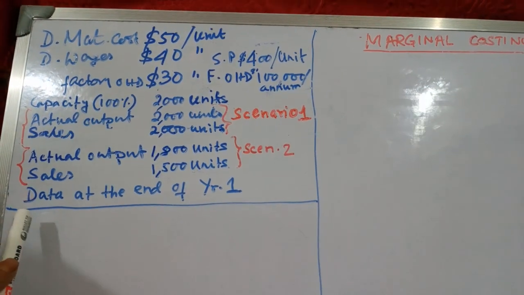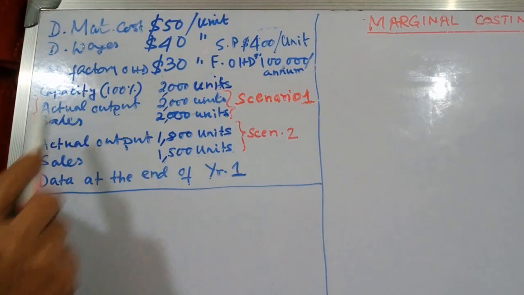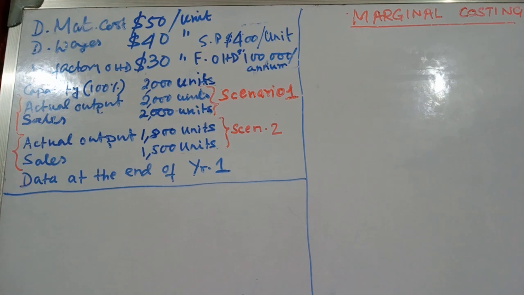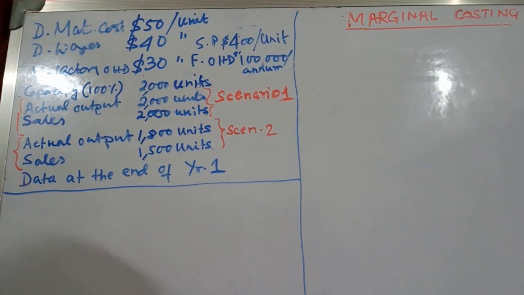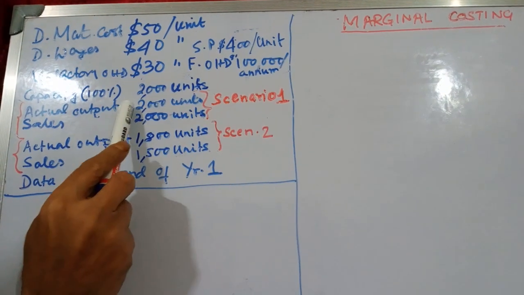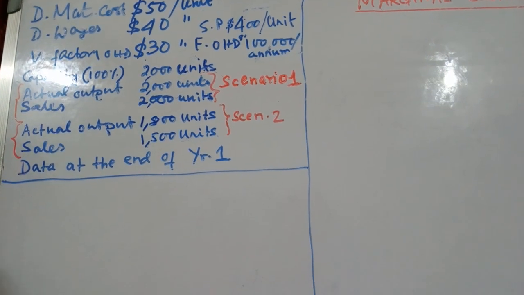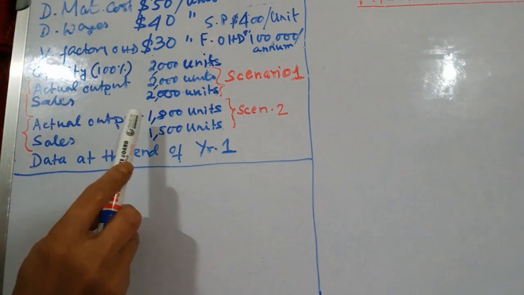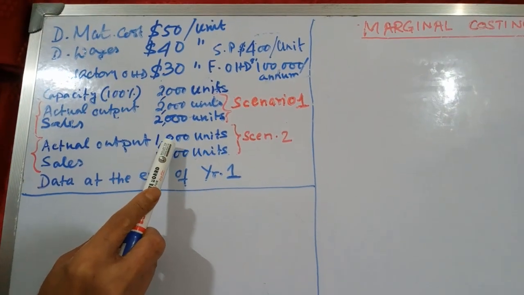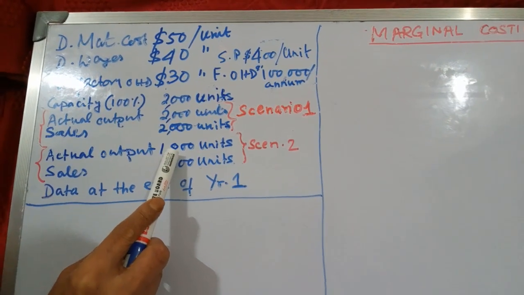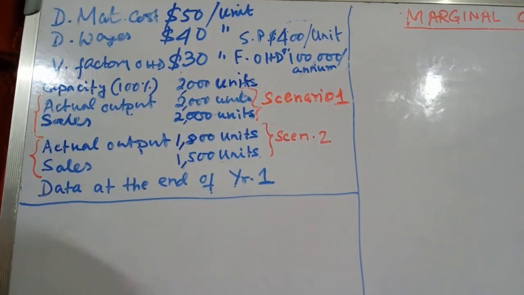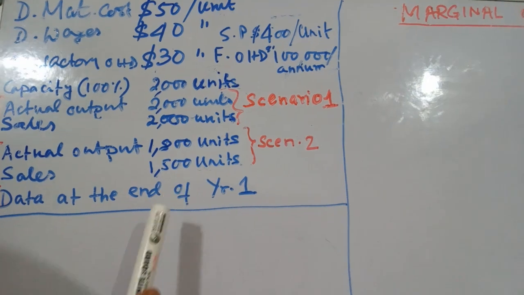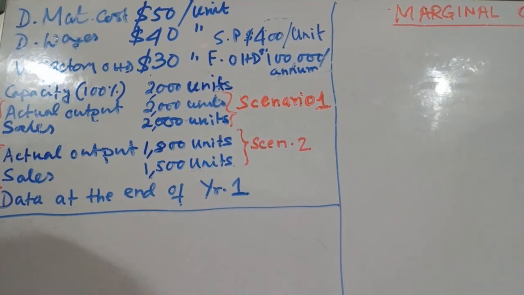These are the data at the end of year 1. That means there is no opening stock. In scenario 1, there is no closing stock. And in scenario 2, actual output is 1800 units, which differs from the installed capacity, and sales is 1500 units. This means there are 300 units of closing stock.